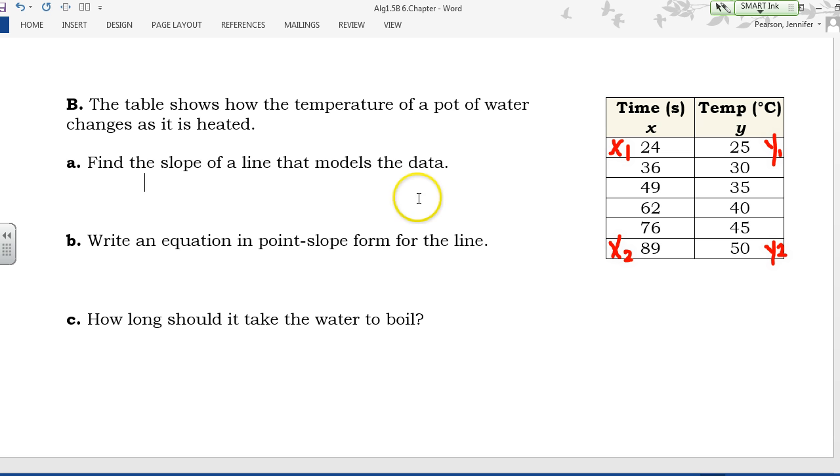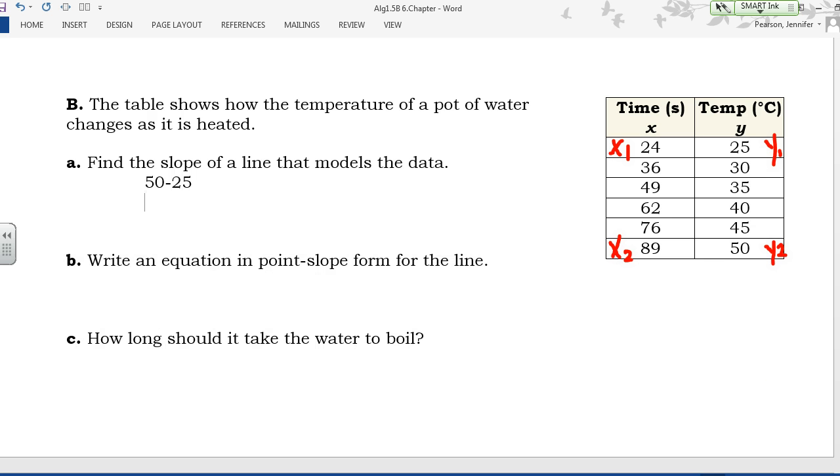So x1, y1, x2, y2. Slope is y2 minus y1 on the top, same formula that we have done, and x2 minus x1 on the bottom.